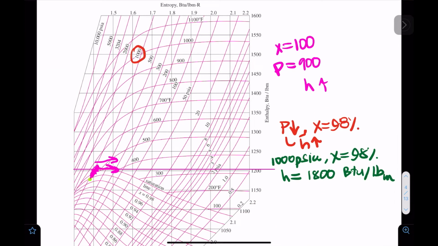So for the Mollier diagram, we have 1,000 psi here. This is where we are at, 98. So this is our point. The only way to have a higher enthalpy is going up here a little bit, is increasing our quality. We can increase our quality at the same pressure.